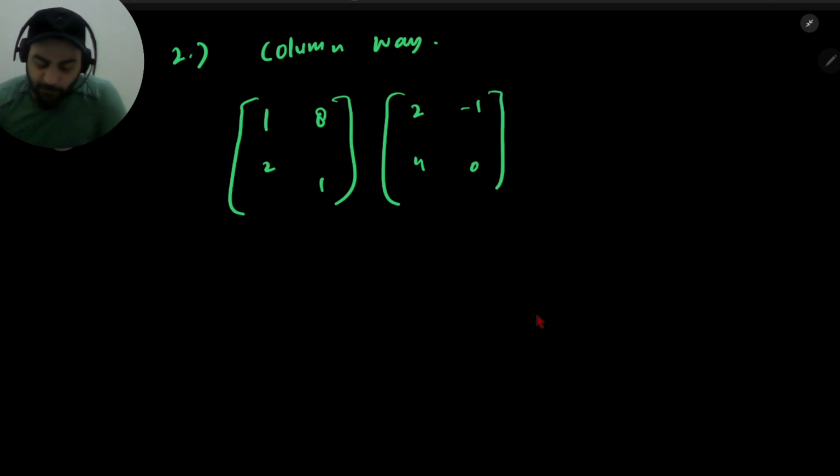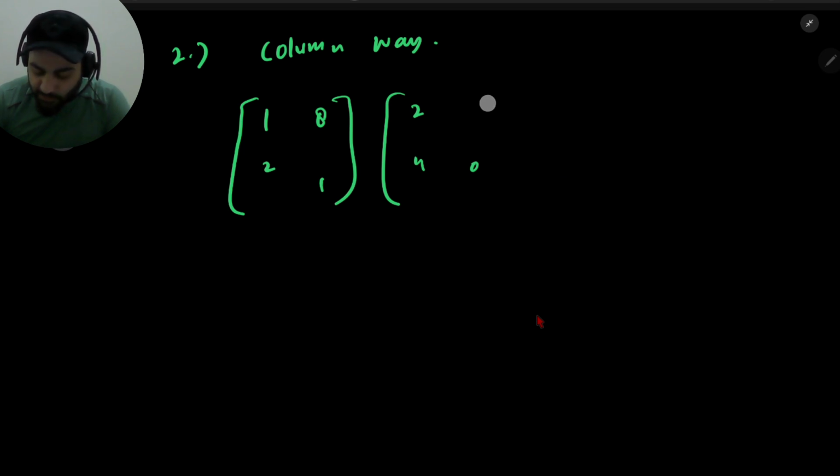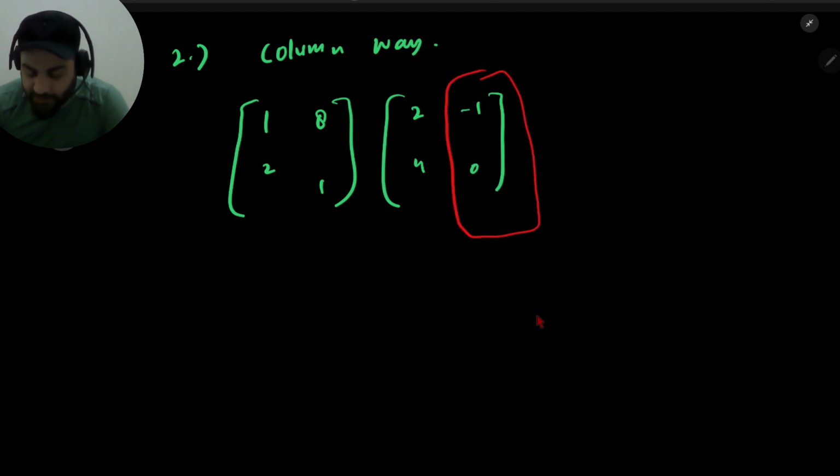Let's suppose this part does not exist. Now you know how to multiply the matrices: you just take this and multiply it with the columns. But we know that this exists, so just for the time being, keep this as not existing anywhere. We'll just focus on 2 4.